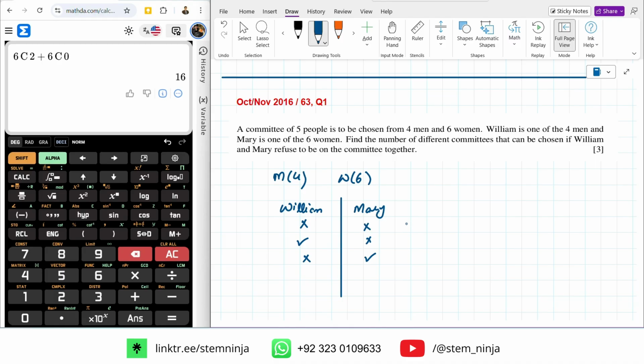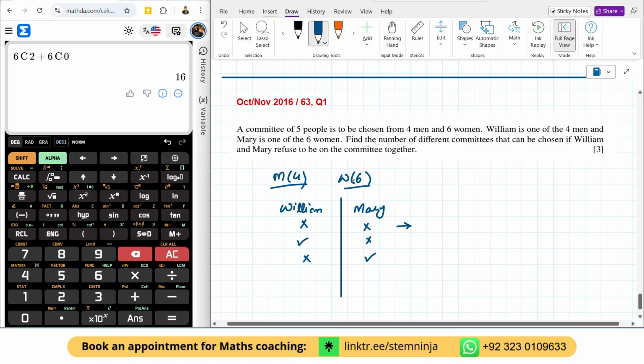Once you get the hang of it, there's nothing new about this. So 5 people chosen from 4 men. So if neither of them are there, so from 3 men, you can choose, sorry, I forgot.